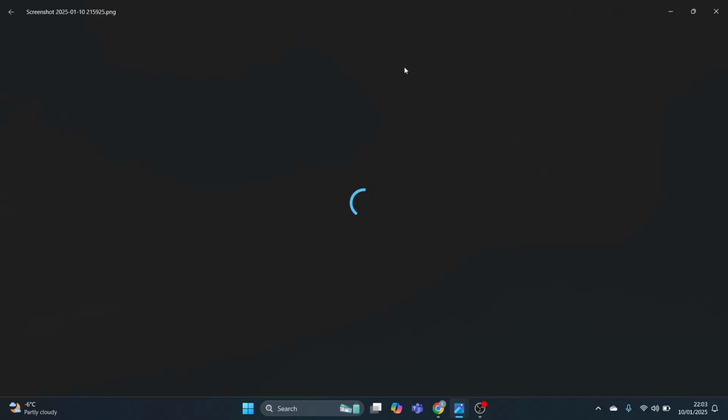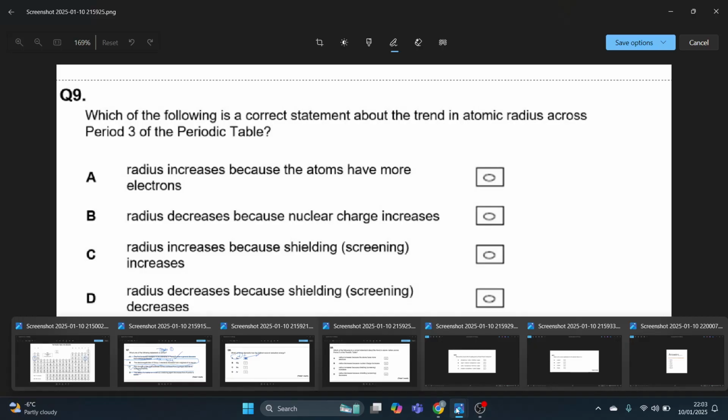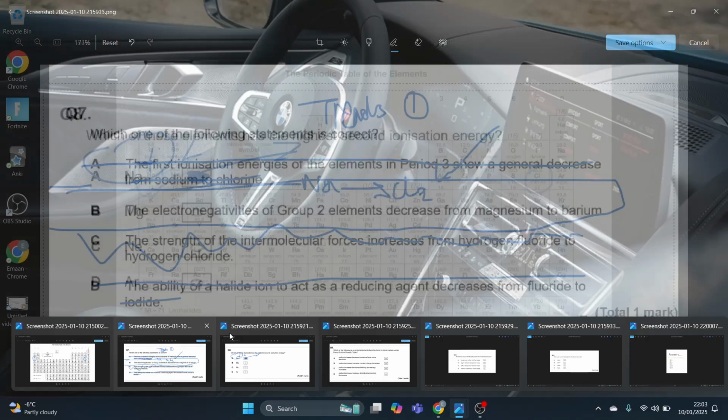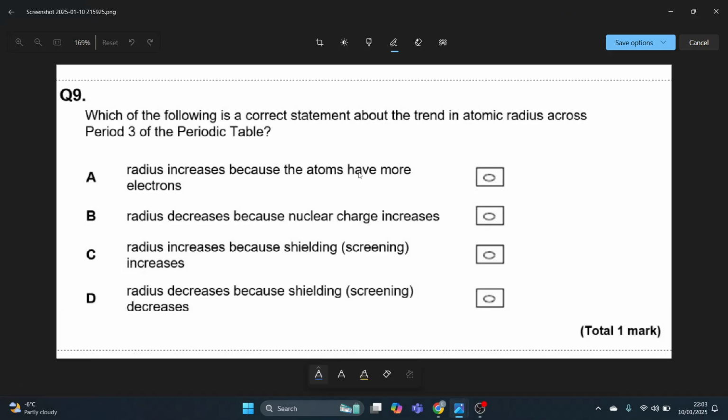Question 9. Which of the following is a correct statement about the trend in atomic radius across period 3 of the periodic table? A. Radius increases because atoms have more electrons.